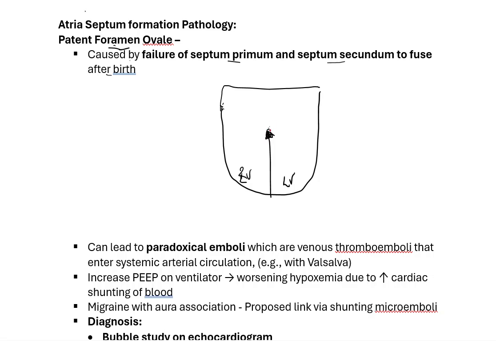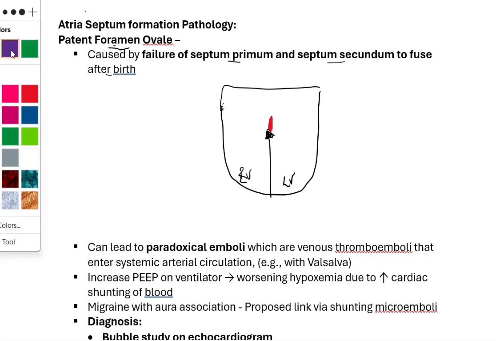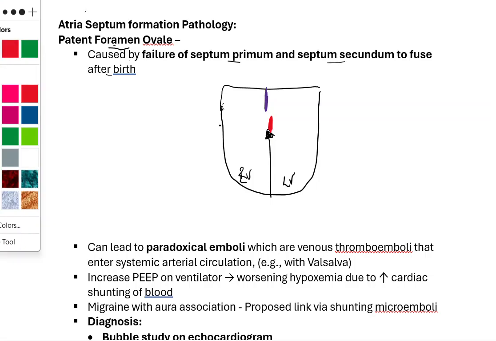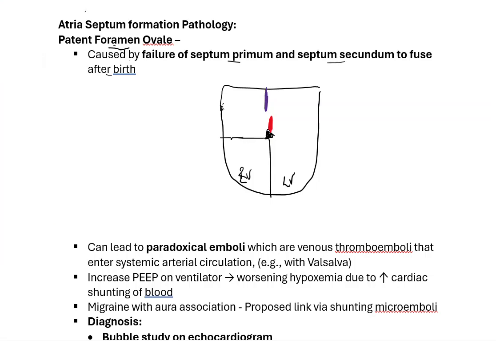This is going to be our septum primum, and this is going to be the septum secundum, right? Here is going to be the tricuspid valve, and this is going to be the mitral valve.